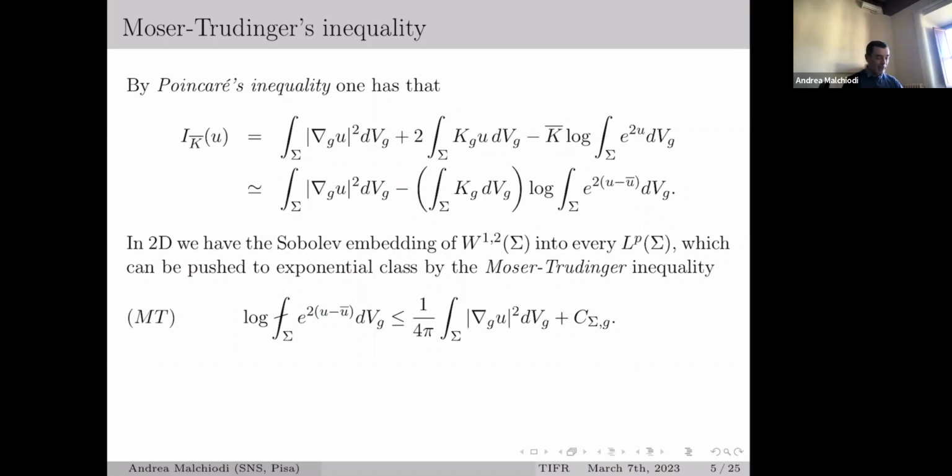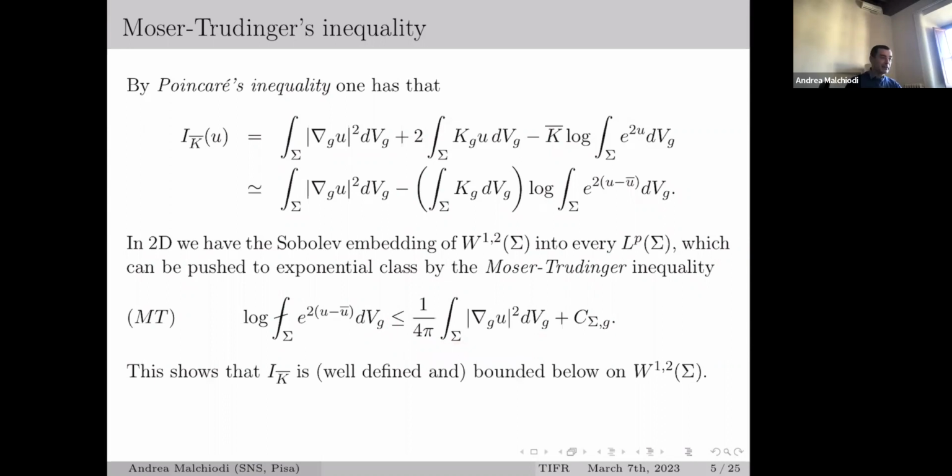And this allows you to estimate the log of the integral of the exponential of U, once you subtract the average to make it invariant, so U bar is the average in this formula. So the log can be controlled by a constant 1/4π times the Dirichlet energy, namely the integral of the gradient squared.